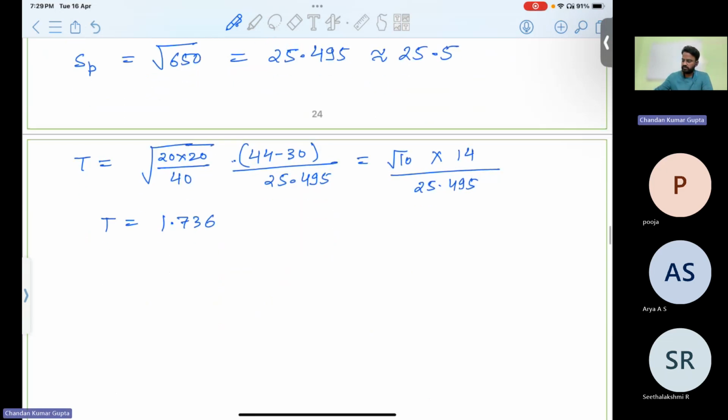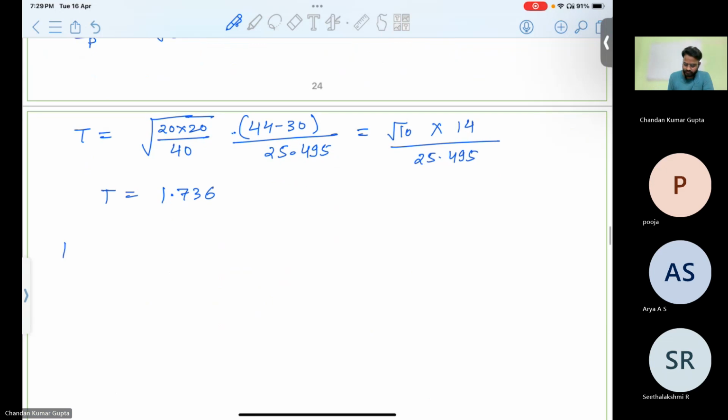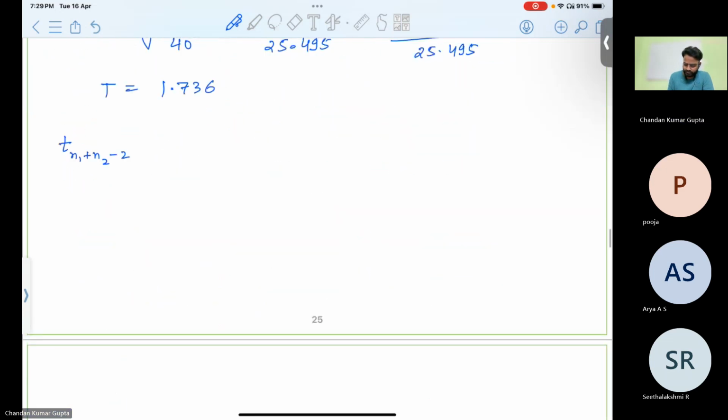Now the t value at degrees of freedom n1 plus n2 minus 2, at alpha, that is, 38 degrees of freedom and alpha 0.05, comes out to be 1.685. So the calculated t value is greater than t at 38, 0.05.